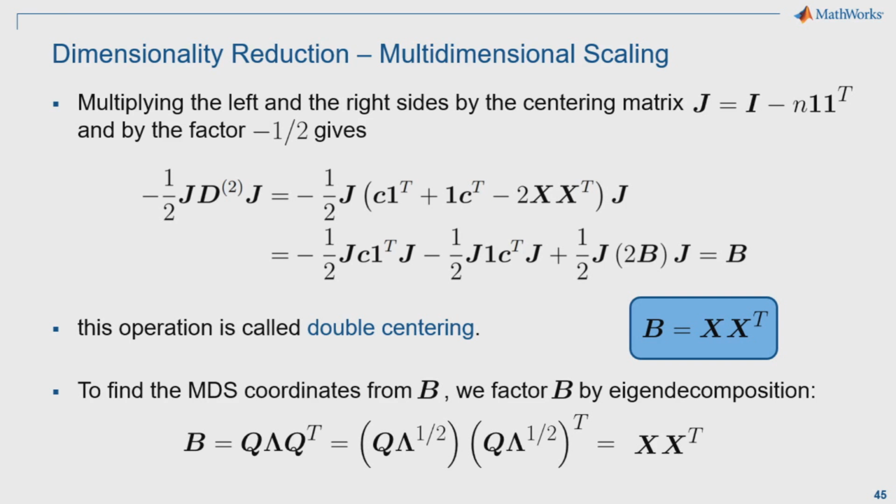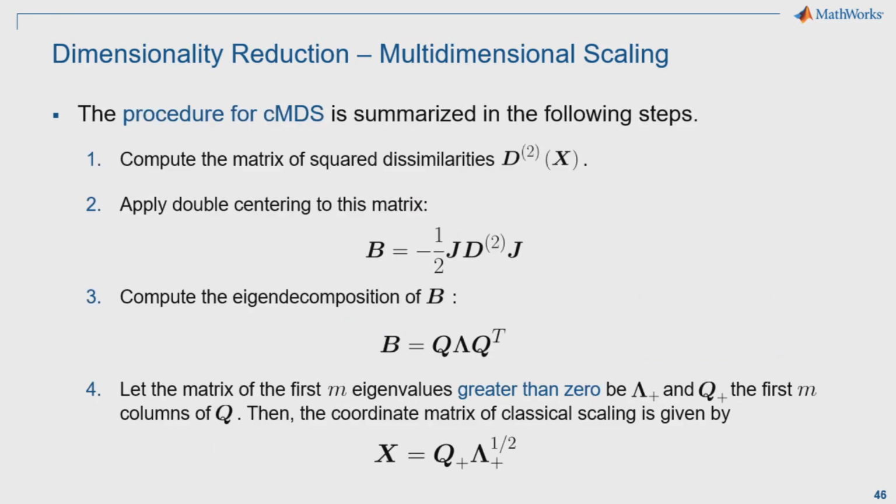So again, multidimensional scaling works with eigen decomposition. This is roughly how the algorithm works. You compute the matrix of squared distances, while using PCA you would compute the covariance matrix or the correlation matrix of the dataset. Then you do the double centering, which is used to achieve a unique solution instead of the multiple solutions that arise from the fact that you could fix the reference frame at any point in space.